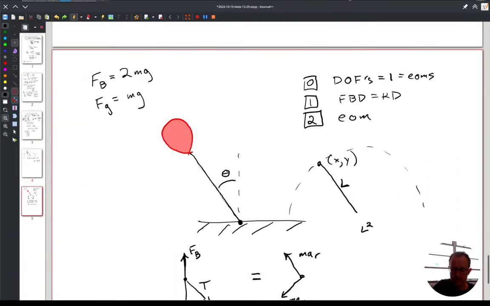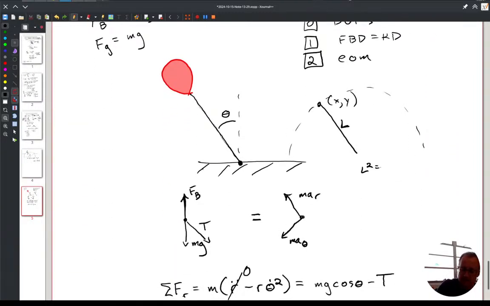I'm flipping back and forth, sorry about that. L squared equals x squared plus y squared. This is one constraint on those 2 degrees of freedom. And I could have chosen r and theta.